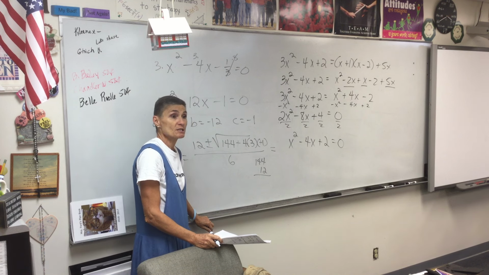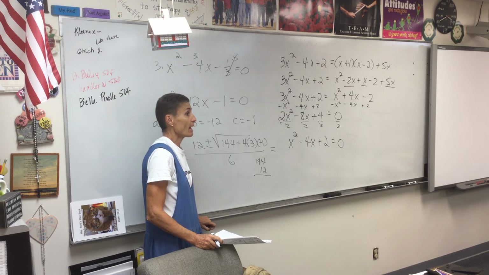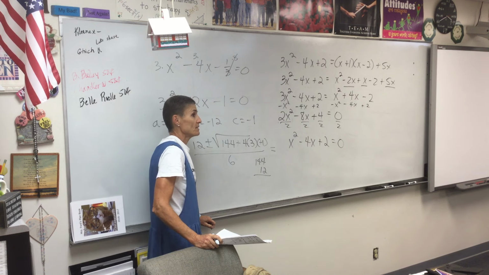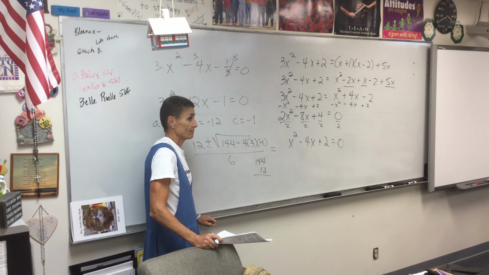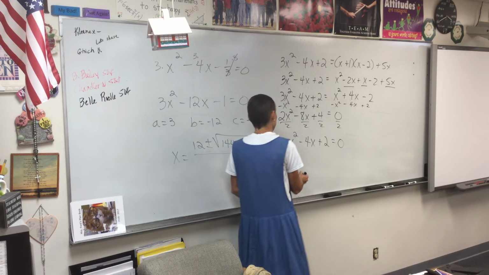Now, what do I do at this point? If it factored, I would factor it. But this one is not going to factor. So what am I going to do instead? I'll use my quadratic formula again.